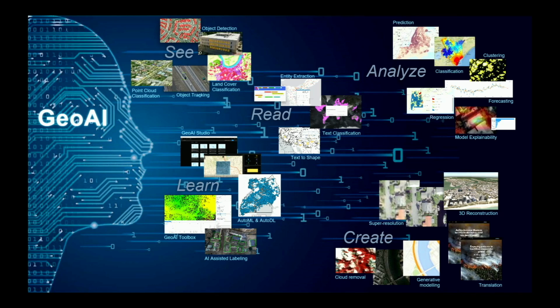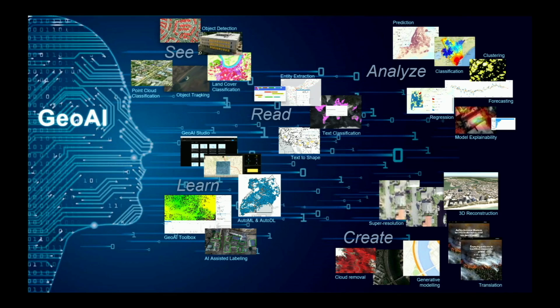GeoAI essentially is the intersection of both the science of GIS and AI. It's bringing the two components together. And with GeoAI capabilities, you can now do tasks like land cover classification, detecting objects, point cloud classification, essentially see objects, see features within data sets.